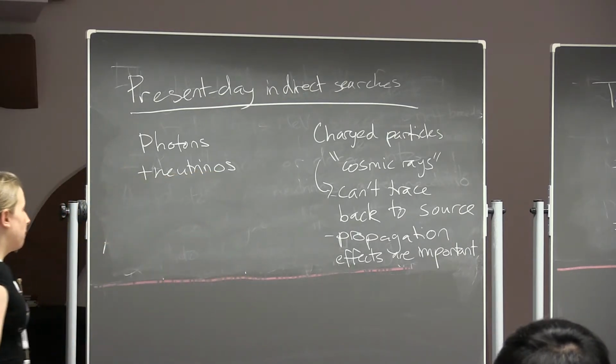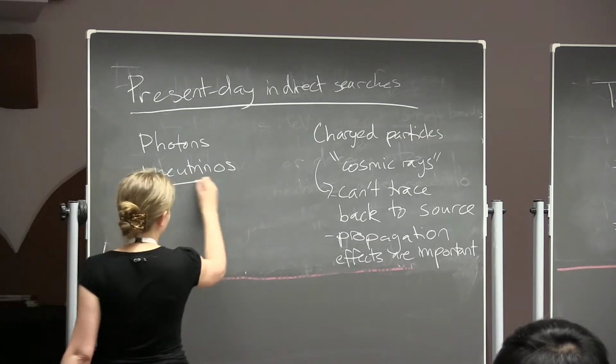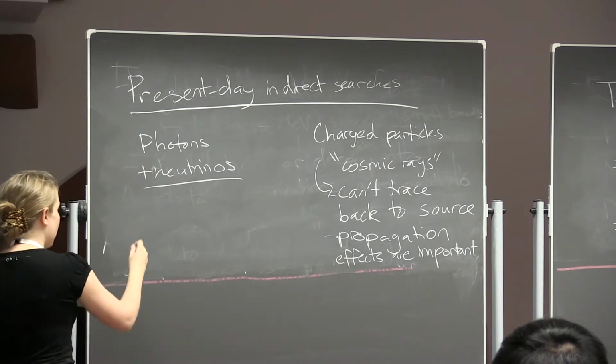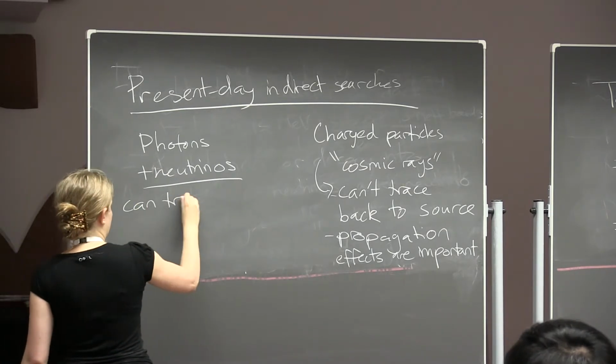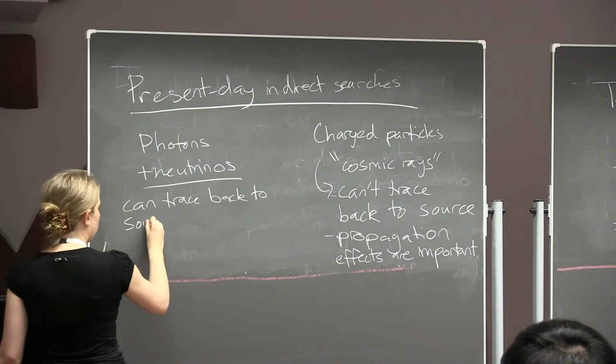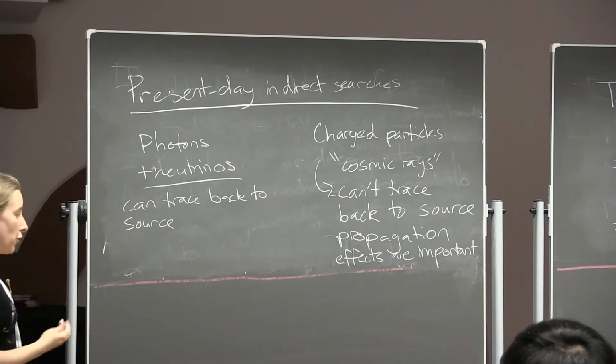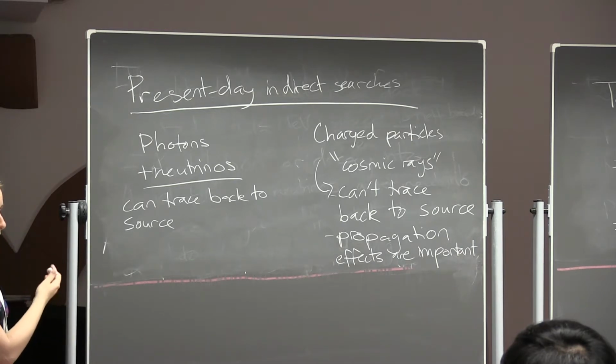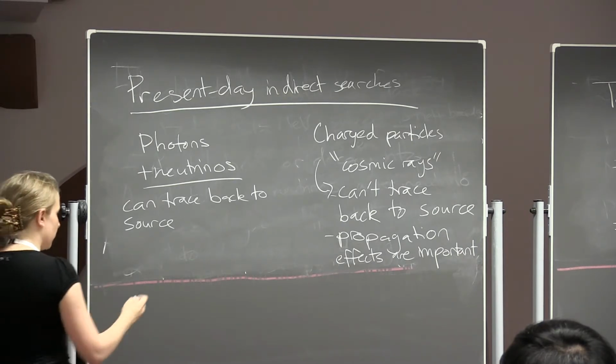Photons and neutrinos, by comparison, are much nicer in that we can trace them back to their source, which means that we can use spatial profile as a way to discriminate between dark matter signals and possible astrophysical signals.